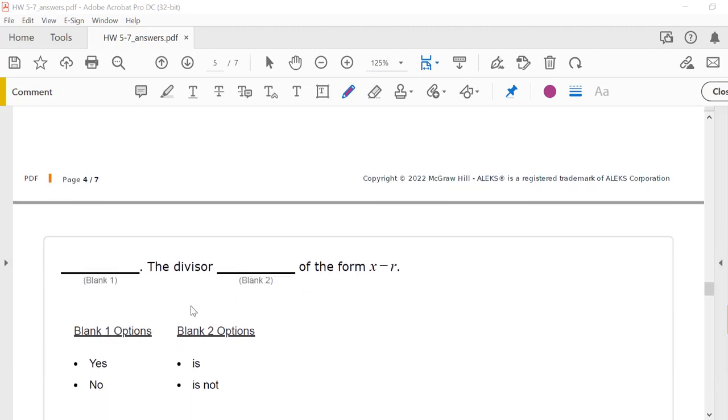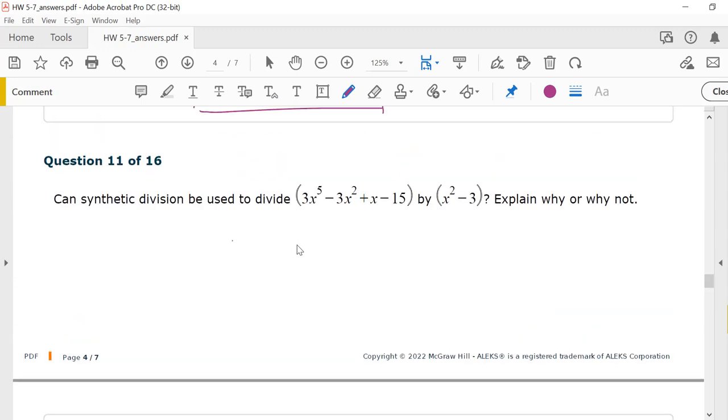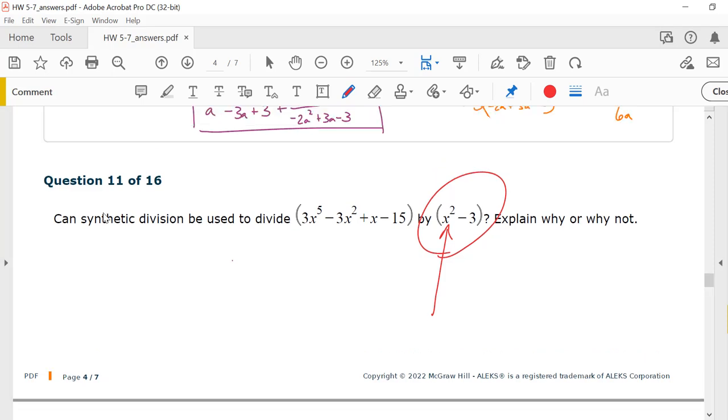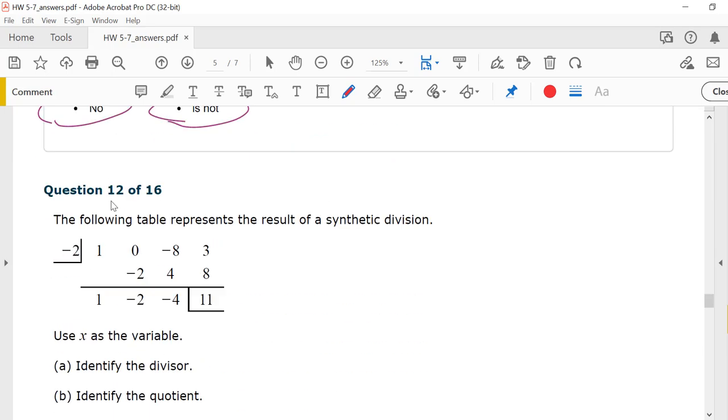I'm going to tell you right now, no, and it's because the divisor is not in the form x minus r. If you look up here, this is a problem. It's not just x, it's x squared. So you cannot use synthetic division to divide those polynomials.